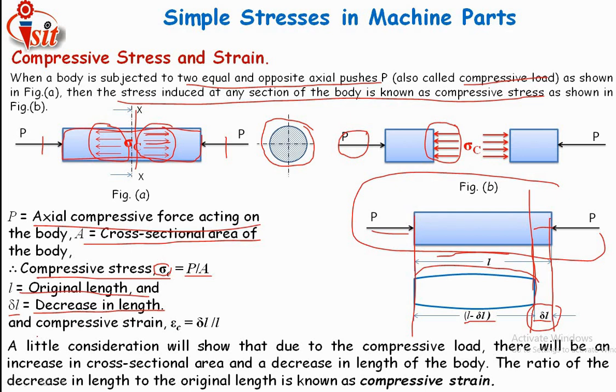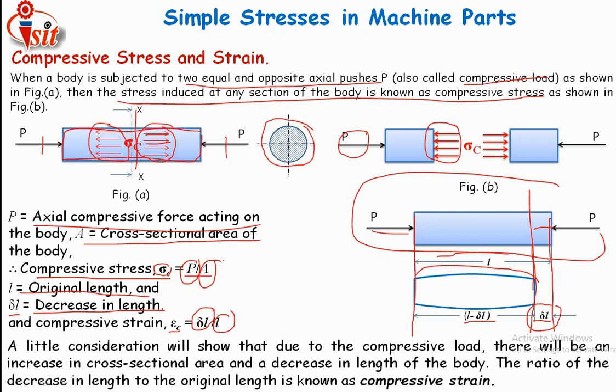L. So according to definition of the strain, what is the basic definition of the strain? Change in dimension to the original dimension. Now change in dimension is the decrease in length. How much? Delta L, and original dimension was L. So this is the compressive strain. That is decrease in length to the original length. And what is the compressive stress? Compressive load, that is the external load acting on the body, to the cross-sectional area.